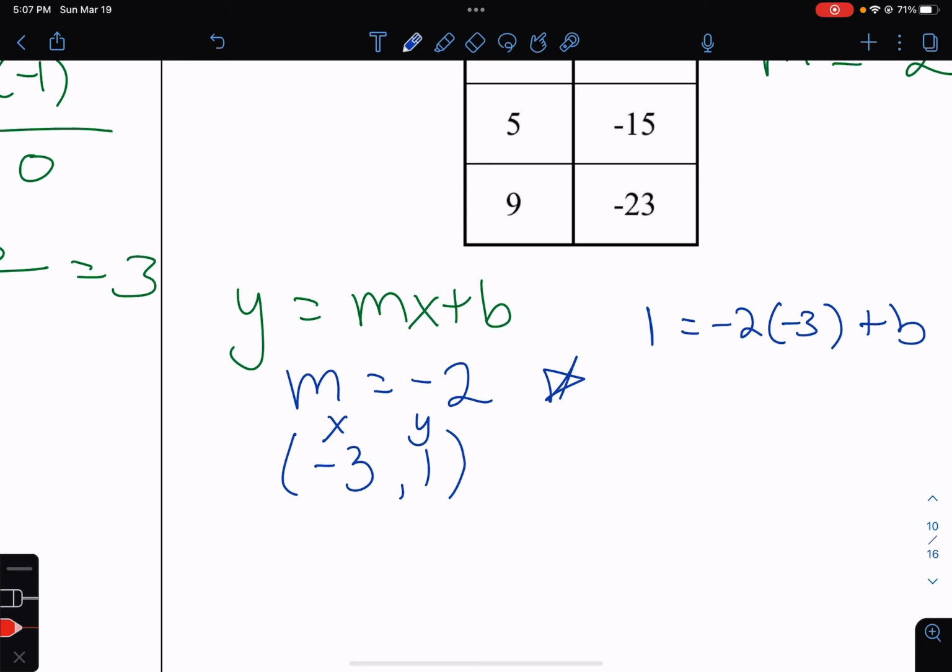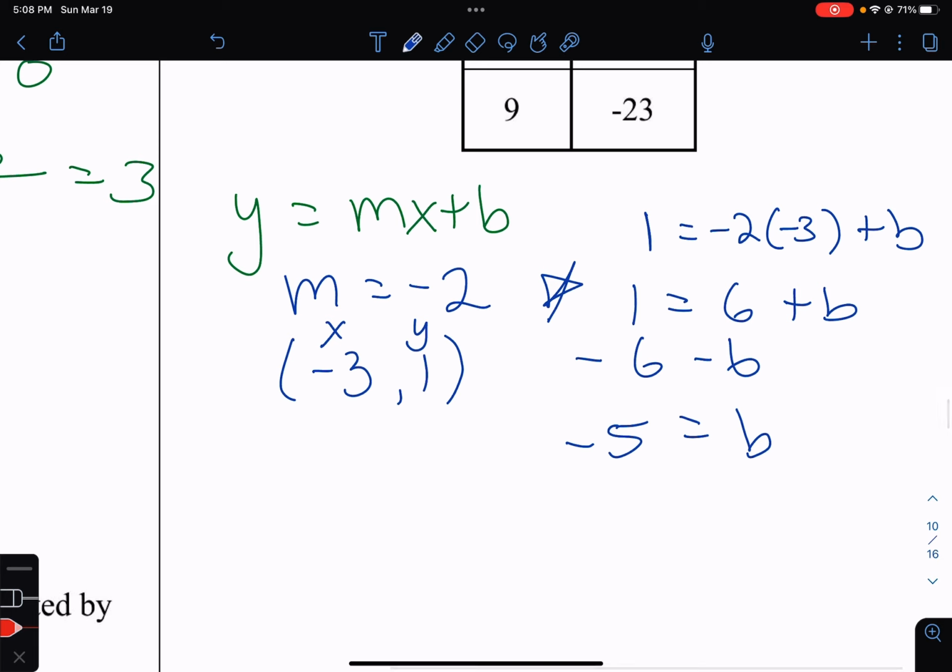Go ahead and solve for b. So we get 1 equals 6 plus b, minus 6. We get that b is negative 5.